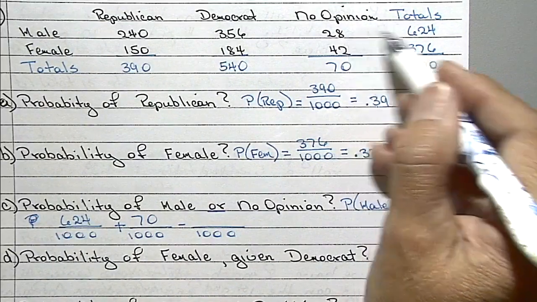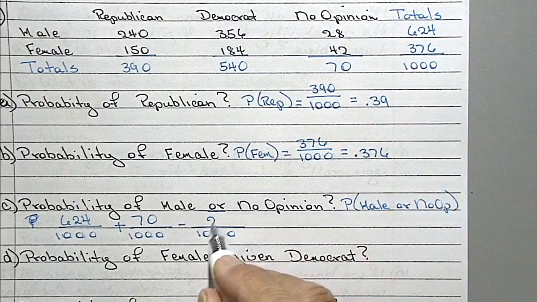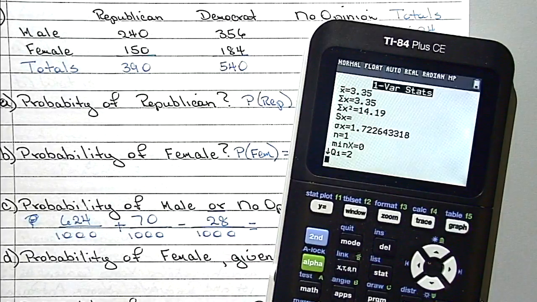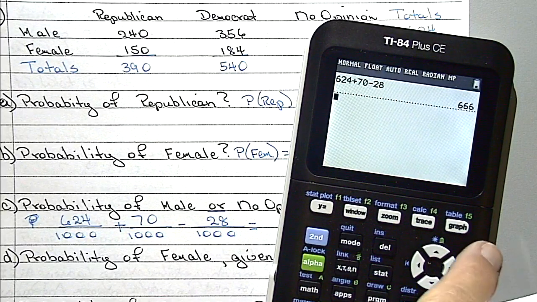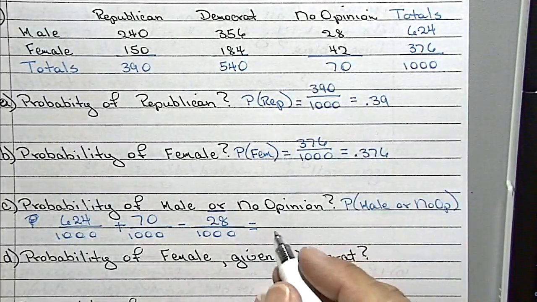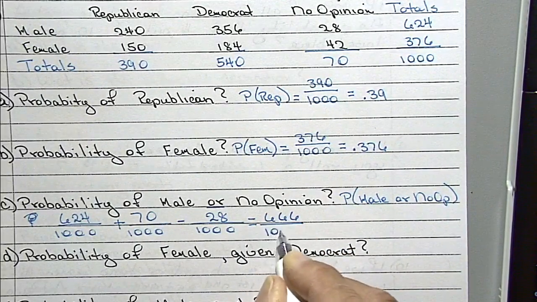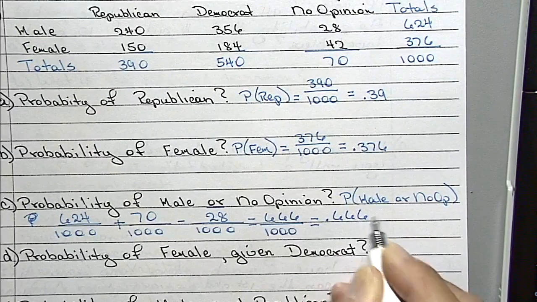These 28 got added in that total and this total, didn't they? So I'll subtract those. So 624 plus 70 minus 28 is 666 over 1,000. And then I do the division. I get 0.666.